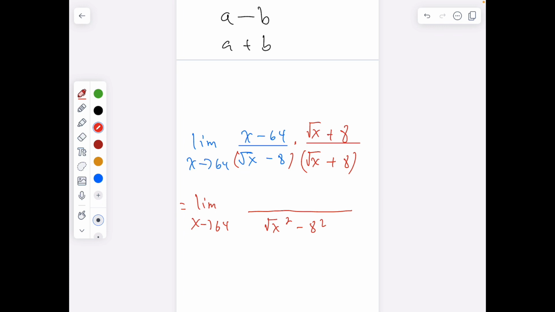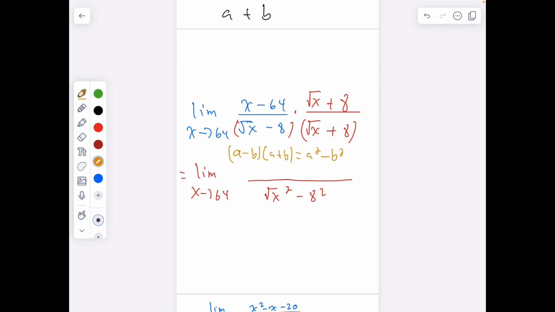I'm using the difference of squares. Difference of squares says that if you have a minus b times a plus b, it's equal to a squared minus b squared. And we apply that rule here so we can get rid of that radical from the denominator.